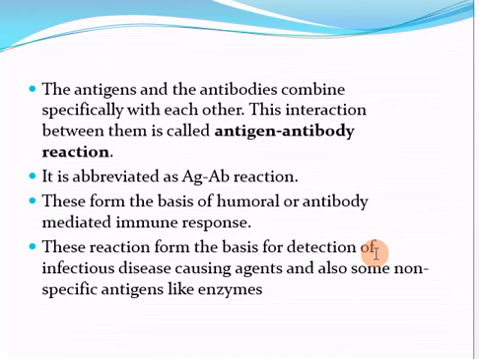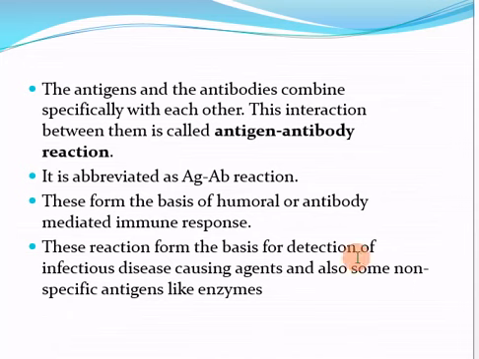Okay, so now when we talk about the antigen antibody, you can very well equate it to the lock and key property, where you will see that the key rightly fits into the lock to open or to close. Similarly, the antigen antibody binding takes place in that manner. You will see that antigens and antibodies fit rightly to each other, okay?